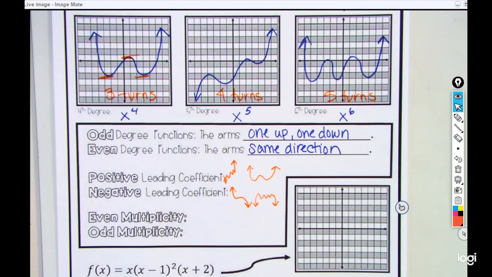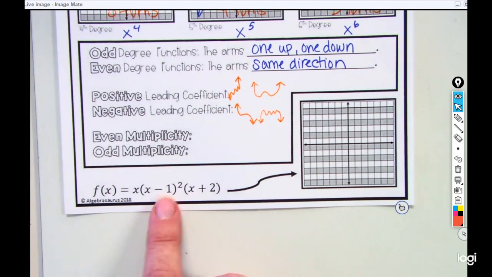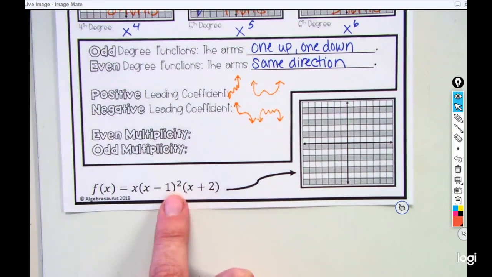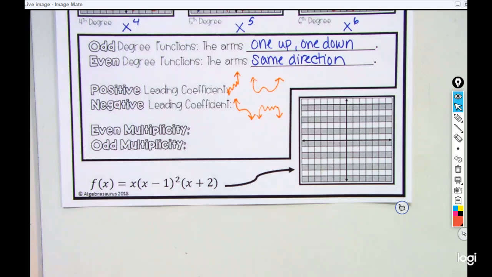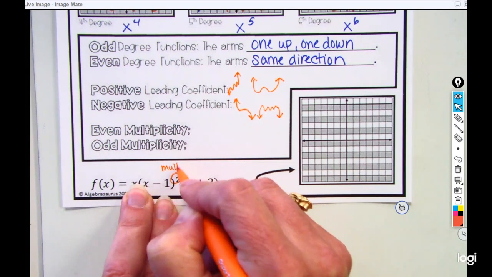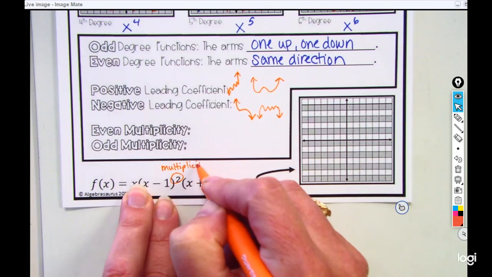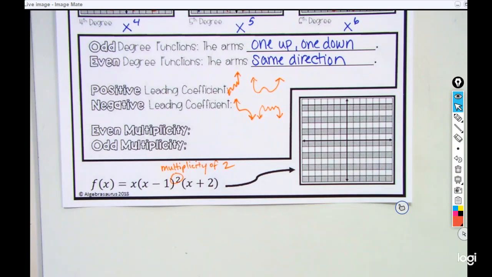And then this multiplicity thing is new for us. We've seen polynomials written like this. We've got x minus 1 twice. Rather than write it twice, we put a square. Yes? Right here, this means multiplicity of 2. That 0 shows up twice. And it does something kind of fun to our graph.